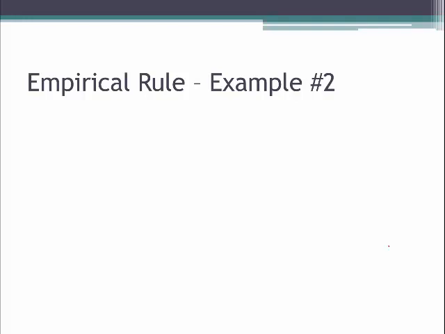All right, let me give you one more quick example of this, just so you can get an idea of how to use this empirical rule, okay? Let's just suppose heights of adult males follow a bell shape, follow a normal distribution. Okay, so that's the bell shape.